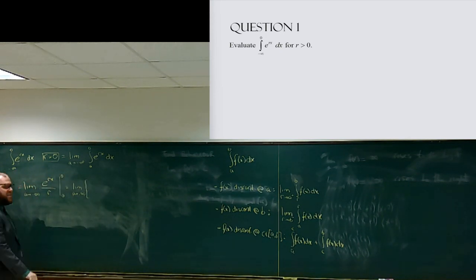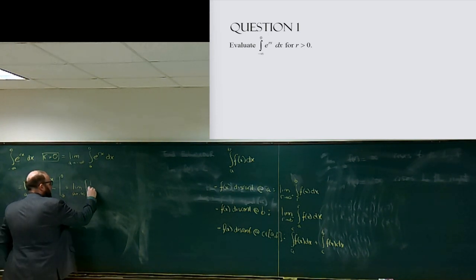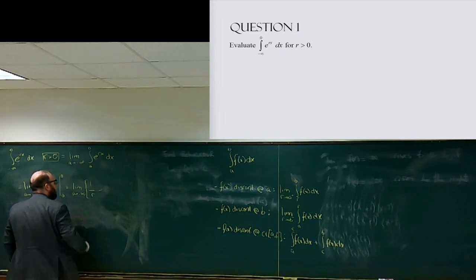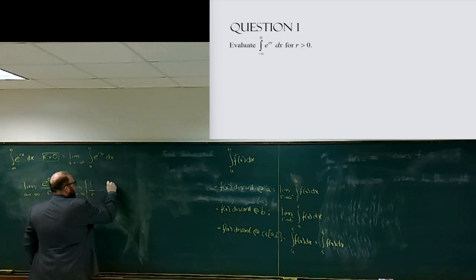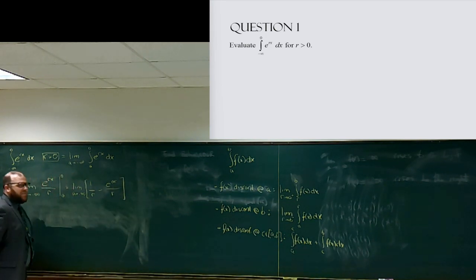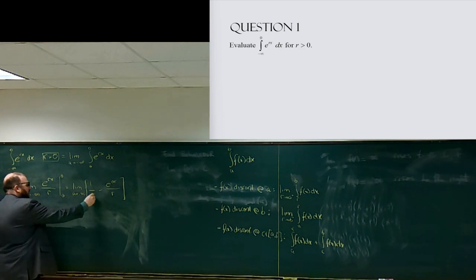So when x is 0, what does this evaluate to? 1 over r. Now it'll just be e to the a r over r. What is that limit?